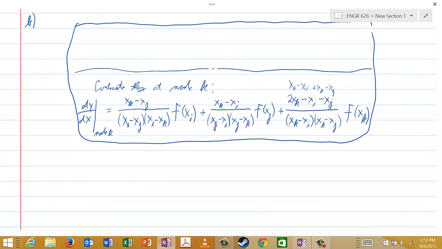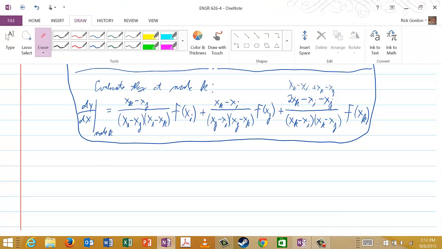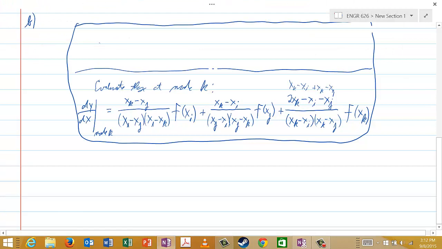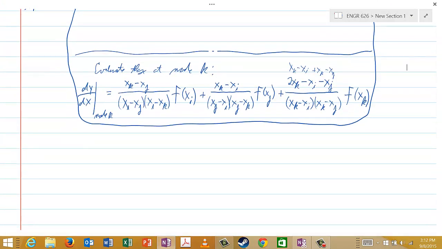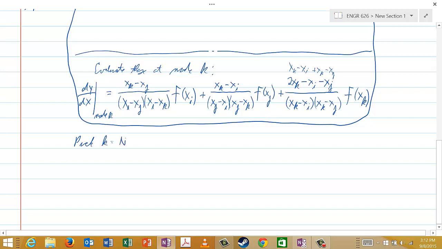Remember we're implementing the boundary condition at node N. This formula, as it states right here, is for node k, where k can be a general node. Now we're going to pick a particular value for k. So pick k equals N.